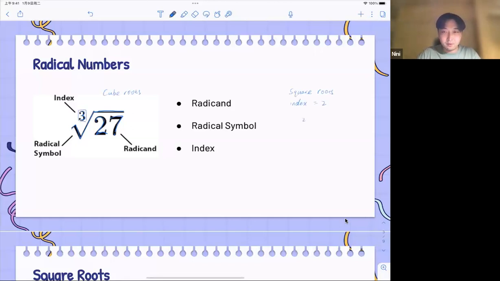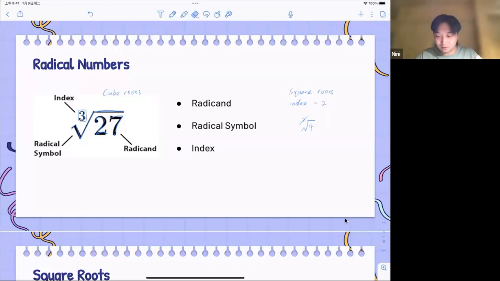That means, for example, we want to write the square root of 4. We can write it in this way. But you haven't seen the 2 at all, right? That is because we can directly omit this 2 if we are doing the square root.